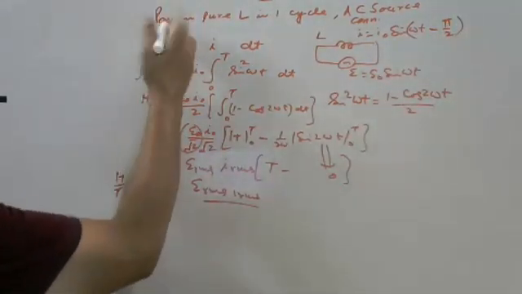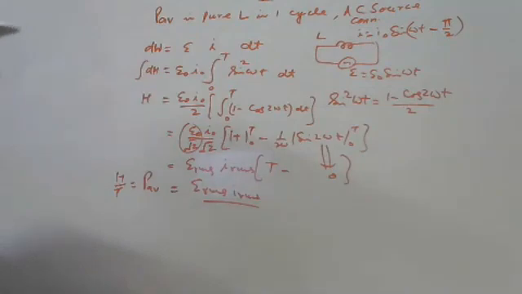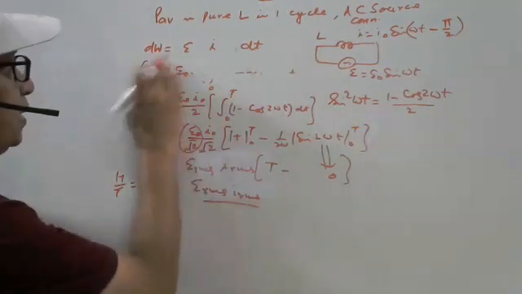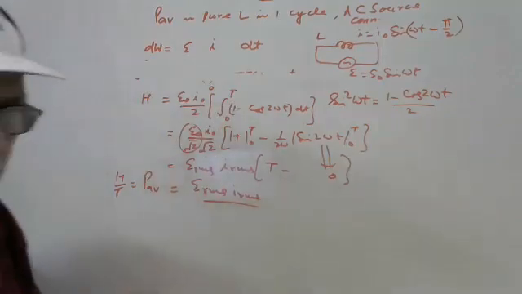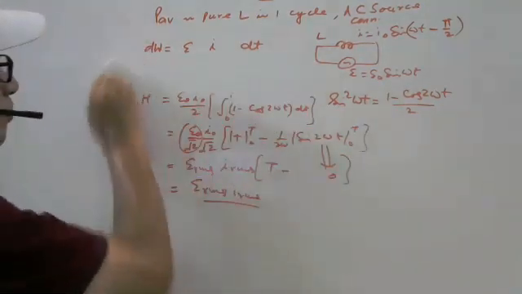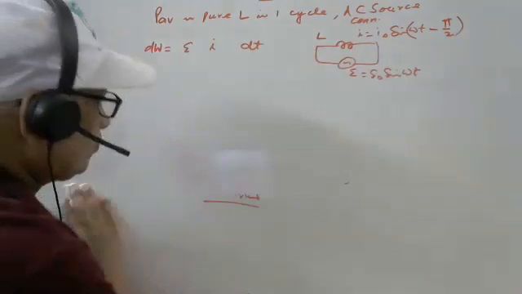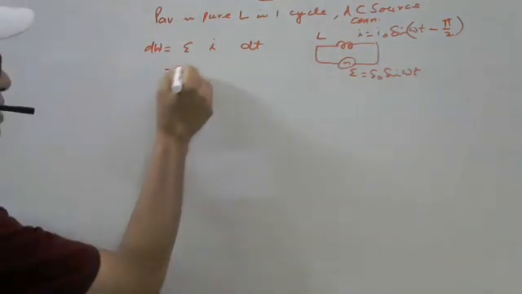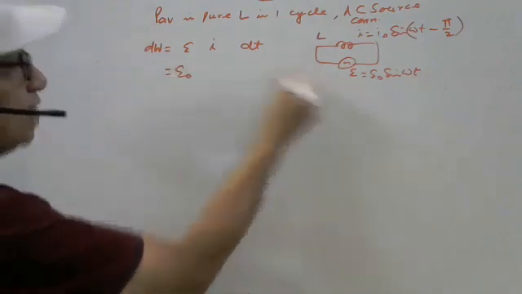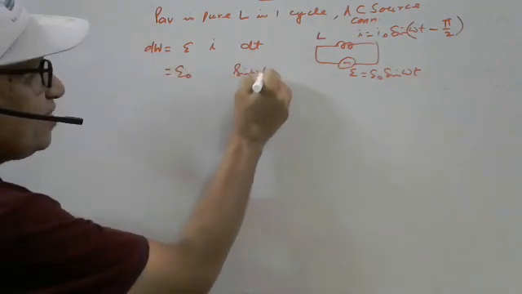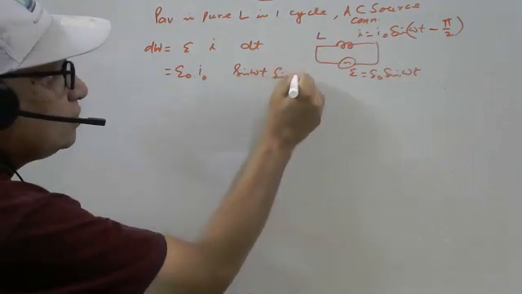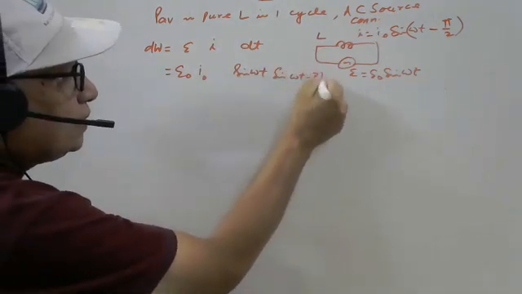So we can take say work done in small time interval. If you put the value here, E can be written as E naught sin omega t and I naught sin omega t minus 90 dt.